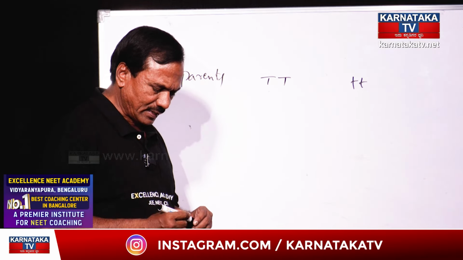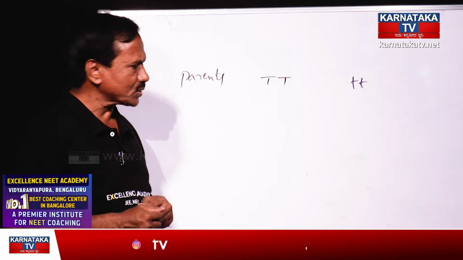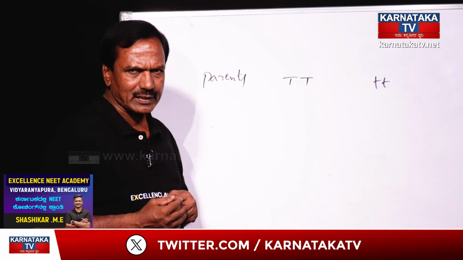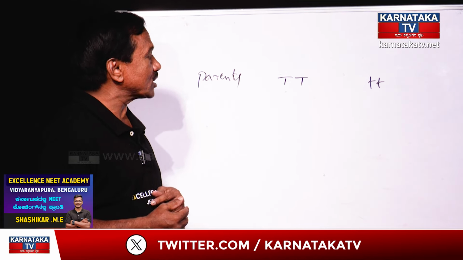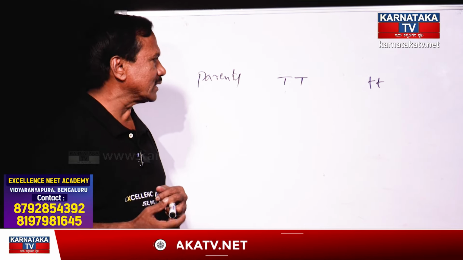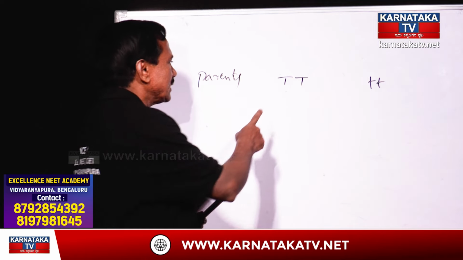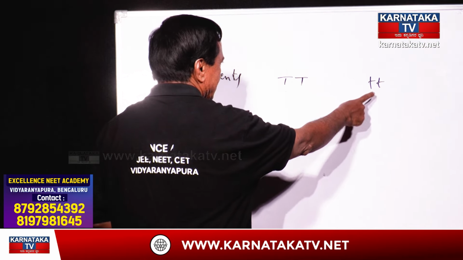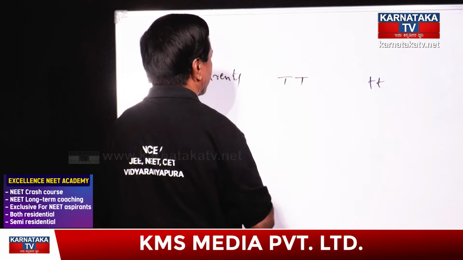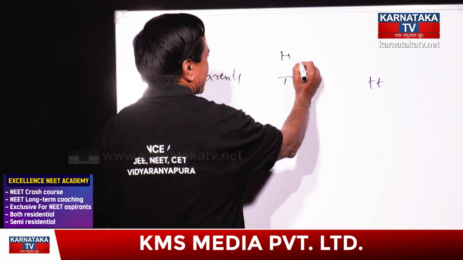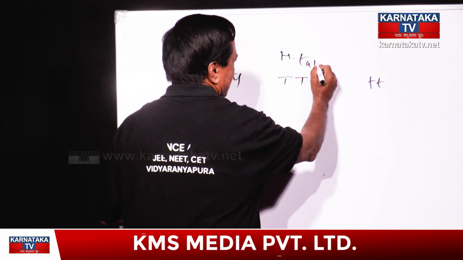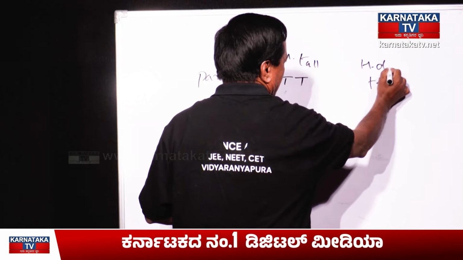So Mendel took the capital letters to symbolize the dominant characters and the corresponding small letters to symbolize the recessive characters. This is the homozygous tall plant. This is the homozygous dwarf plant. You have to write here homozygous tall plant. This is a homozygous dwarf plant.